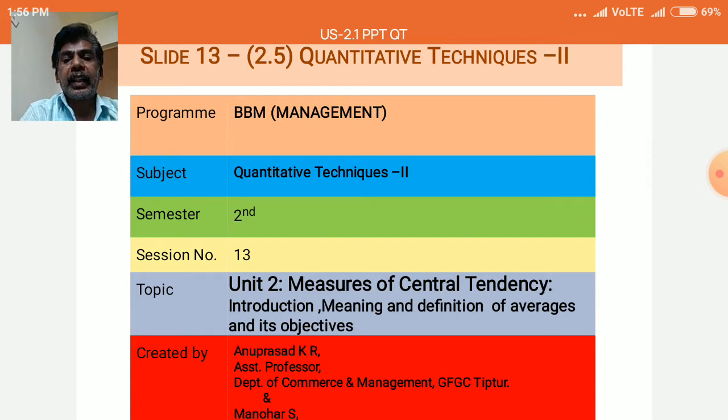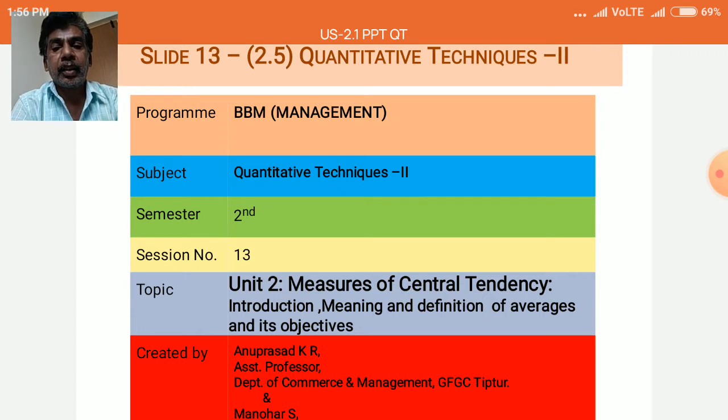Condensation of statistical data is very necessary in statistical analysis, because a large number of big figures are not only confusing but also difficult to analyze.